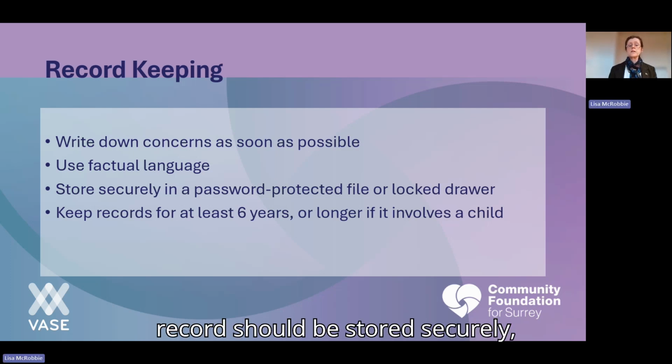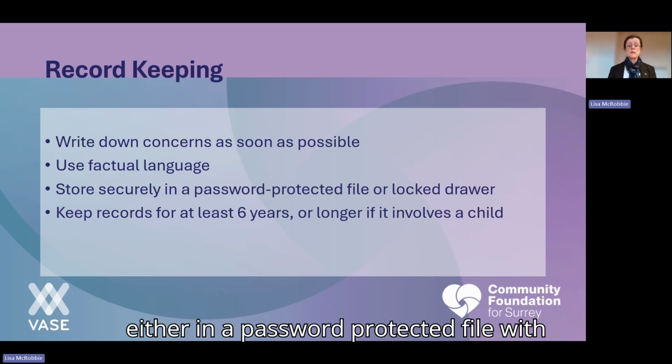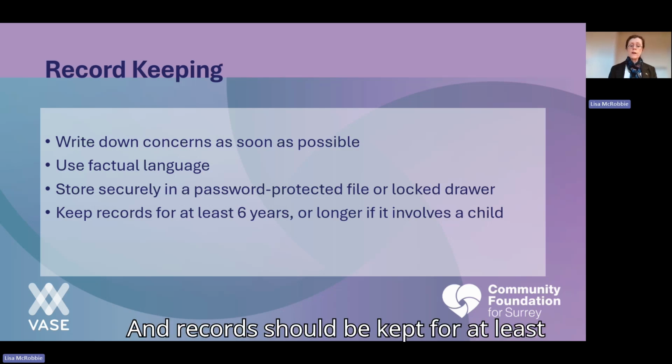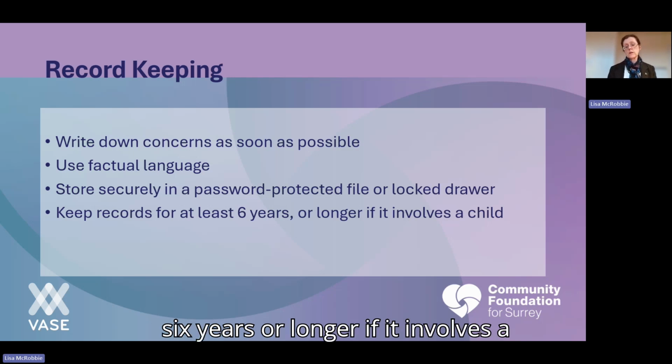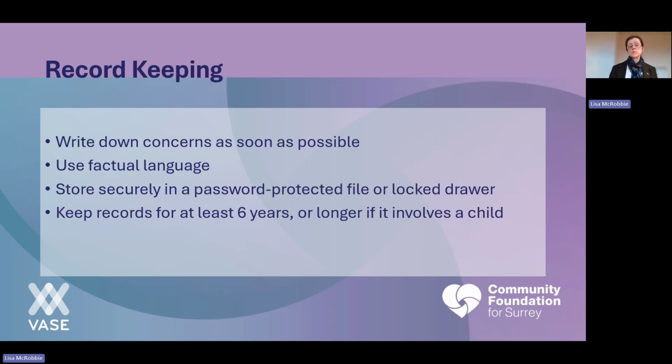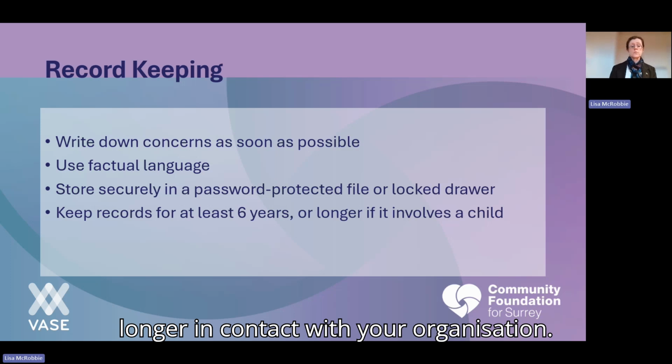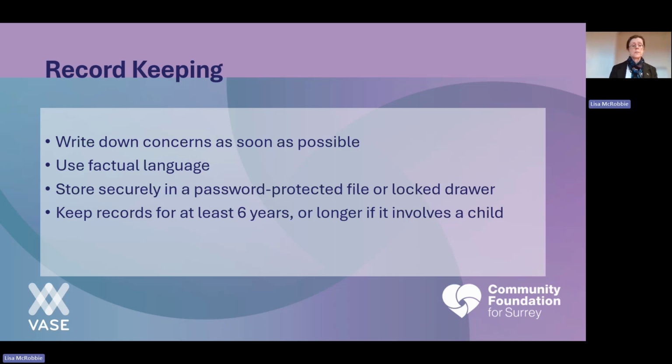The record should be stored securely, either in a password protected file, if an electronic file, or in a locked drawer. And records should be kept for at least 6 years or longer if it involves a child, generally until the child's 25th birthday, even if the child is no longer in contact with your organisation.